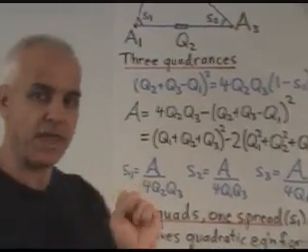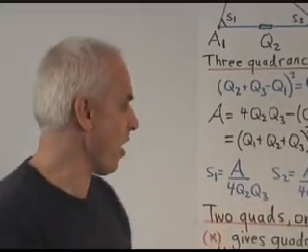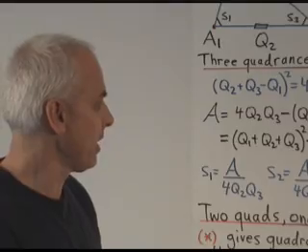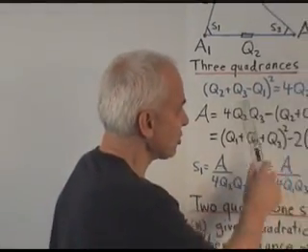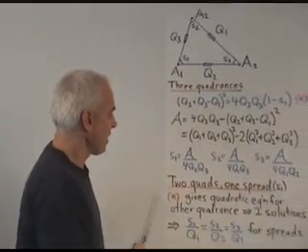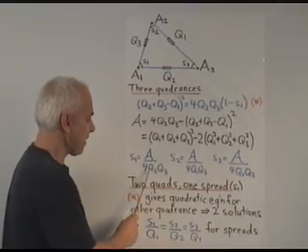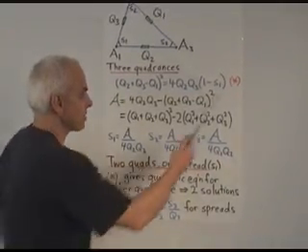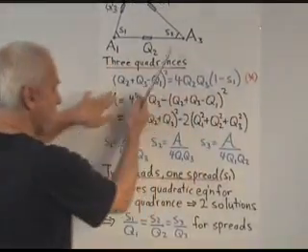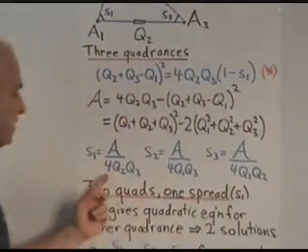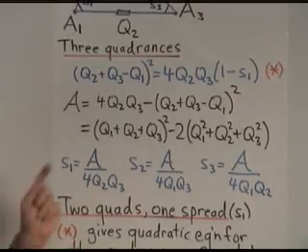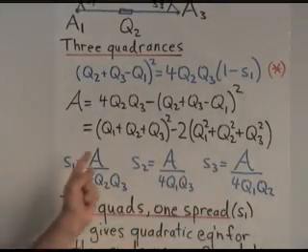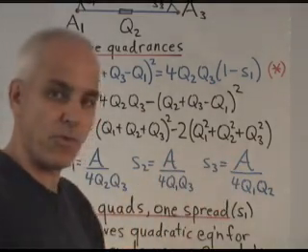So an alternate way of getting the spreads from the quadrances is to first compute this quadrea. Once we know that, then this cross law tells us that the quadrea A divided by 4Q2Q3 equals S1. You just get that by rearranging: bring that over there, bring that to the other side, then divide by 4Q2Q3. So that's how you get S1, S2, and S3, all from the quadrea A in the numerator.